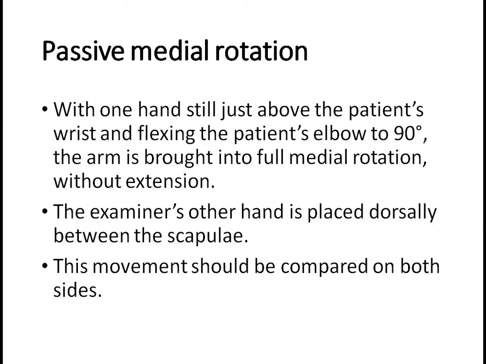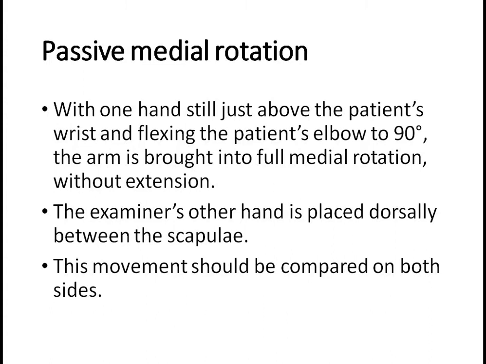During the passive medial rotation, with one hand still above the patient's wrist as in the previous maneuver, and flexing the patient's elbow to 90 degrees, the arm is brought into full medial rotation, or we can say the internal rotation, without extension.